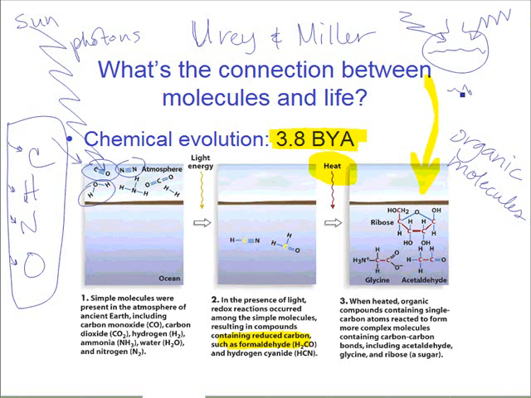And they looked to see what kind of molecules would form spontaneously if they had these atoms present, these photons of light, electricity and heat. And what they found, by golly, was that they did get precursor and simple organic molecules spontaneously forming in this flask. This is called the Urey-Miller experiment.